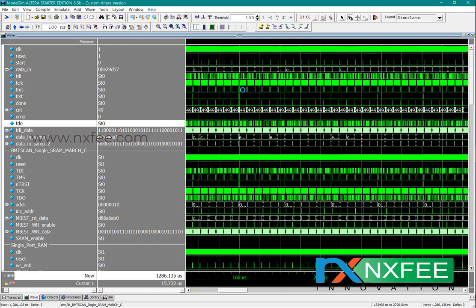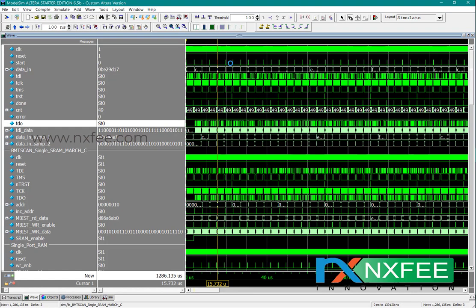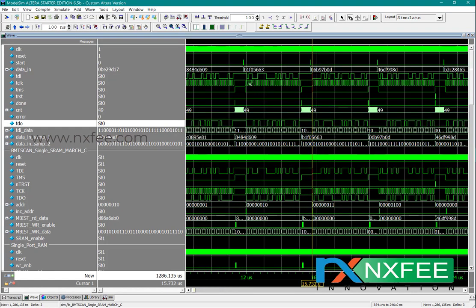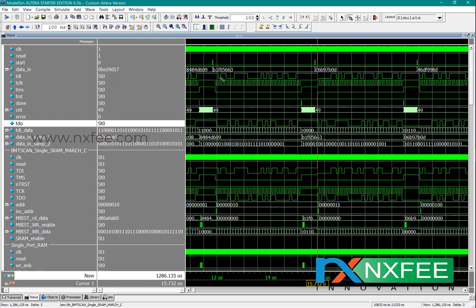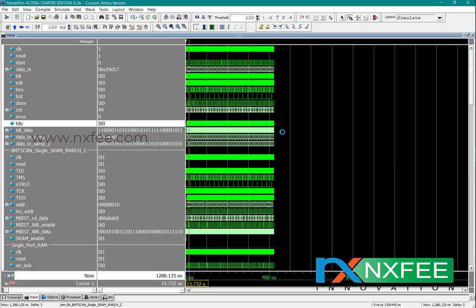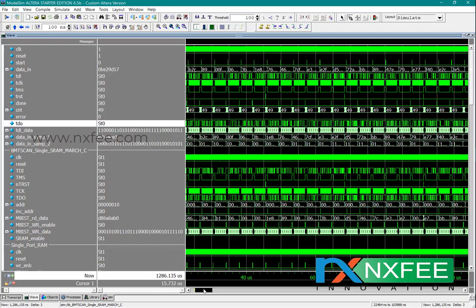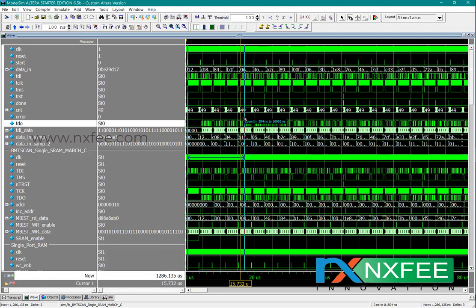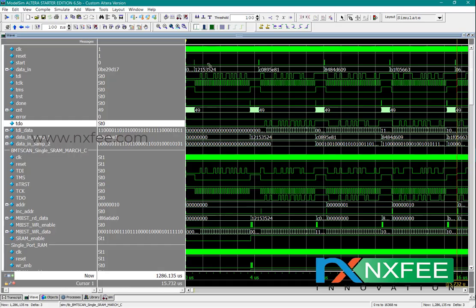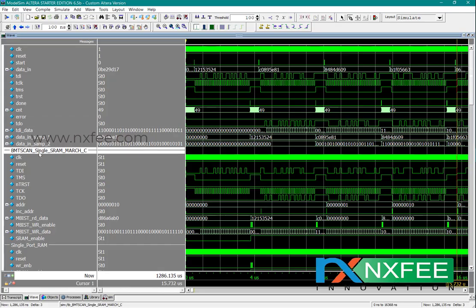Here we can give any value and we will receive the value in the next cycle. So this is the first cycle of the data and this is the output cycle, that is the next cycle of the data. Initially we load the data into the BIST registers.